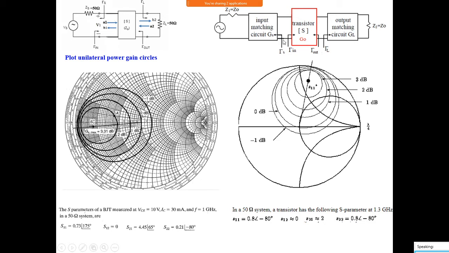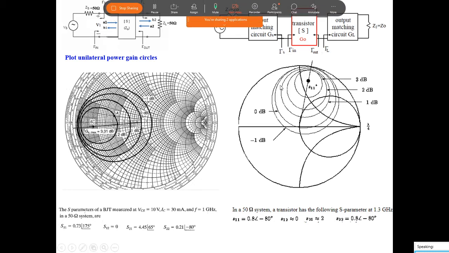If I want that impedance, I should design the impedance matching network here that transforms this Z0 to ZS, whatever I need here. ZS is 50, but that doesn't give a gain equal to 2 dB. That's why I have to transform this 50 ohm to this value using an impedance matching network. That gives a gain equal to 2 dB.